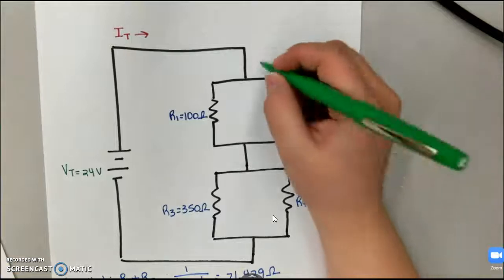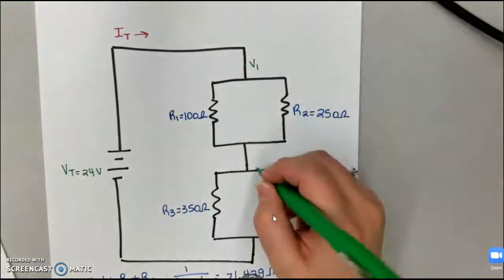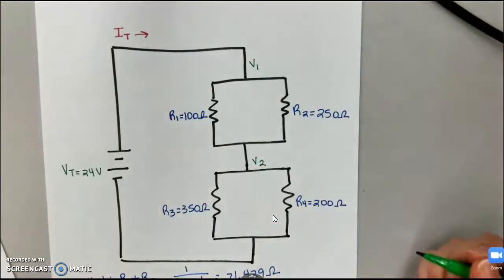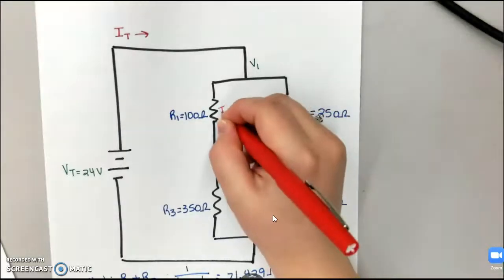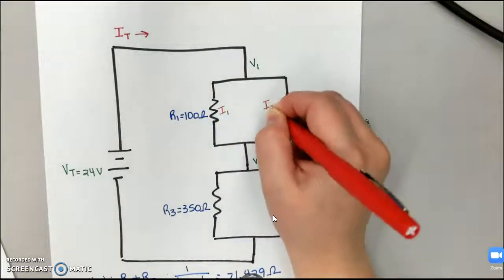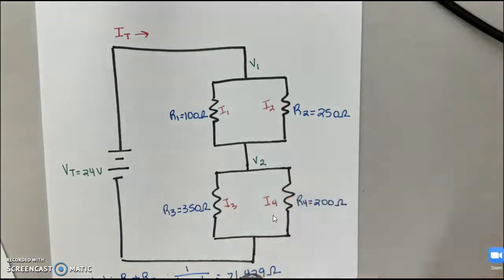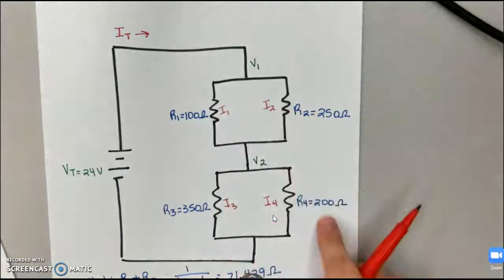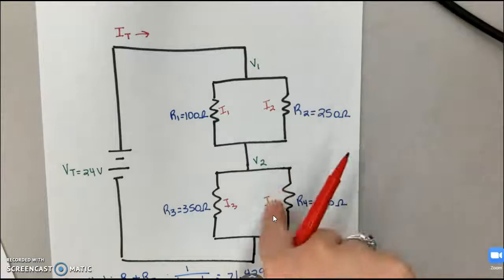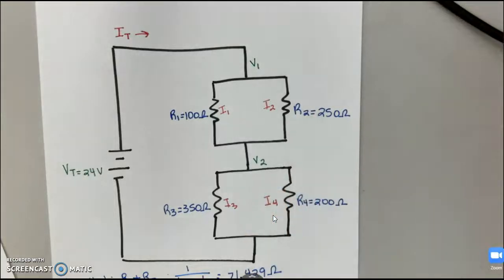So what we are going to find is voltage 1 and voltage 2. And then we're also going to find current 1 and 2 and 3 and 4 across our 4 resistors, and then the voltage across our series set of the circuit.